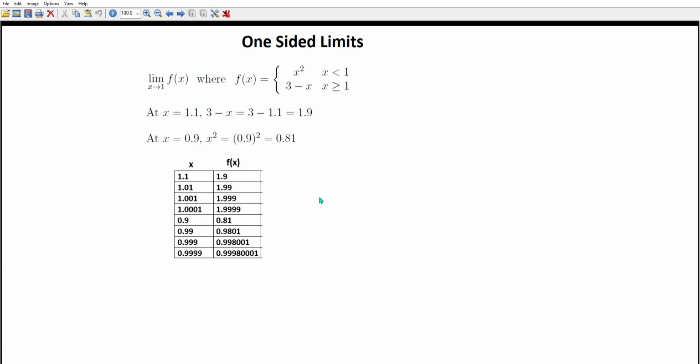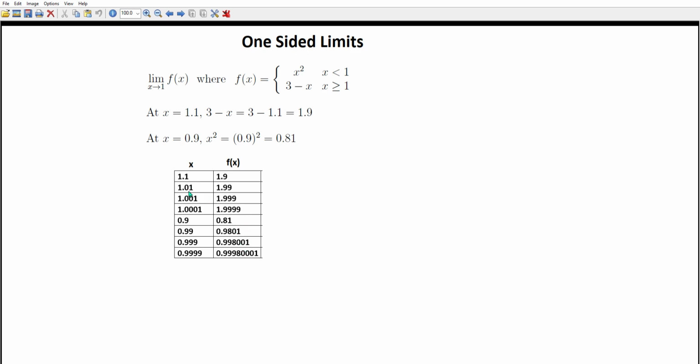When we complete an entire table here, when we start at 1.1 and move downwards towards 1, we can see the values that we're producing are moving upwards, and they look like they're going to 2. On the other side, when we start with an x value of 0.9 and we move upwards towards 1, 0.99, 0.999, the function values appear now to be headed to 1.